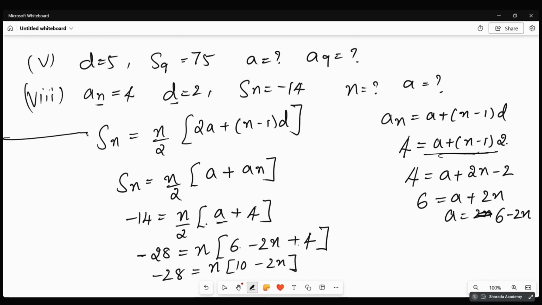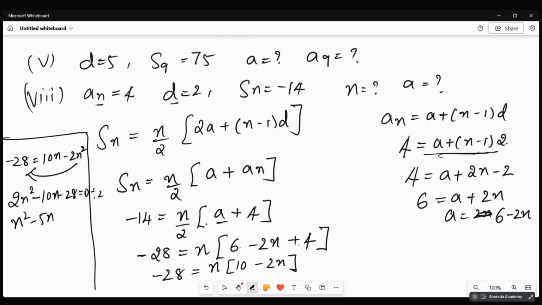I think here you will get minus 28 is equal to 10n minus 2n square. Shift this to the other side. 2n square minus 10n minus 28 is equal to 0. Divide by 2. N square minus 5n minus 14 is equal to 0.